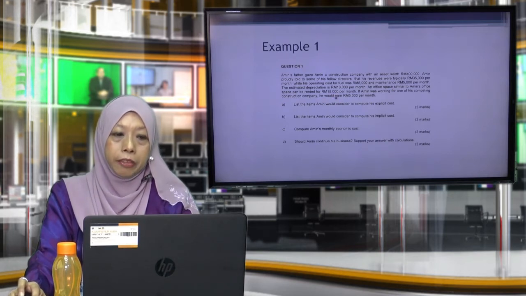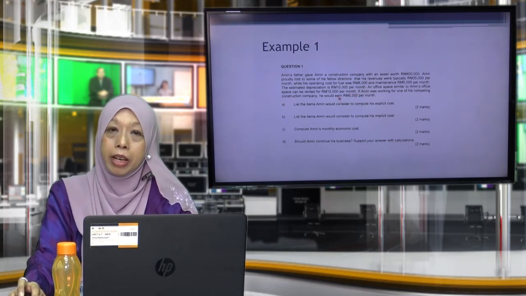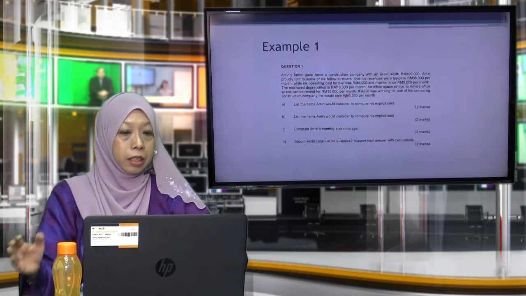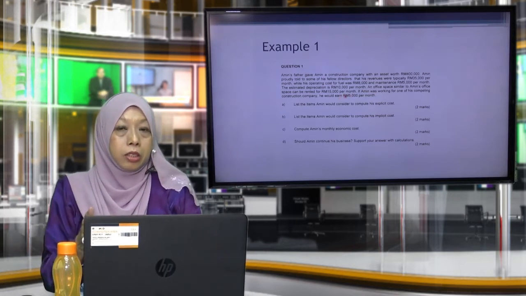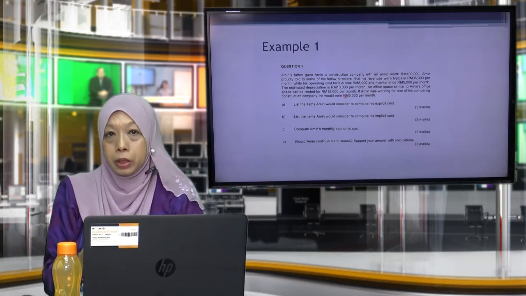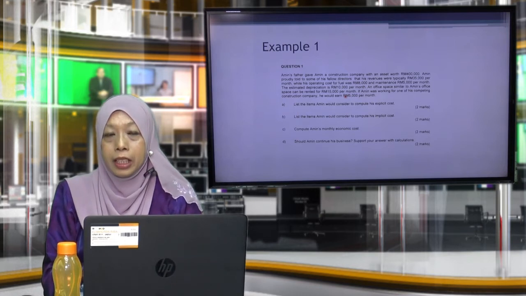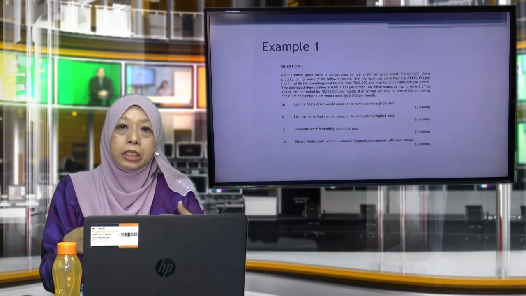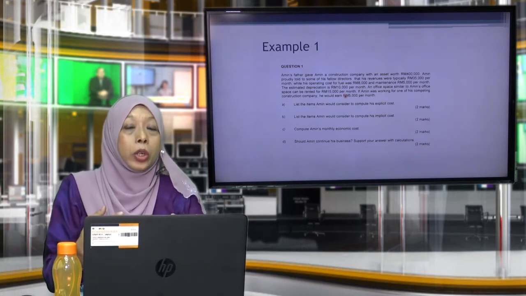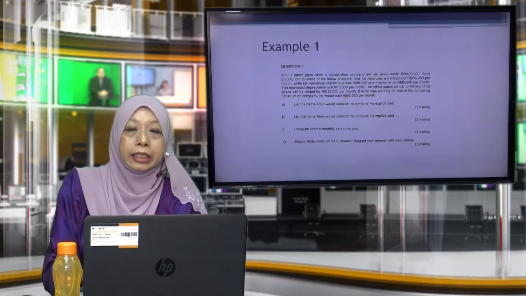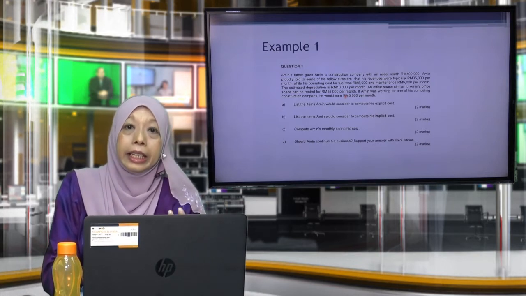So if he is not running his construction company, he can rent the office space and earn 15,000. But if he wants to run the construction company, he wouldn't be able to earn the 15,000 rent. So as you can see here, this office space is Amin's own resource, and this is included under implicit cost.